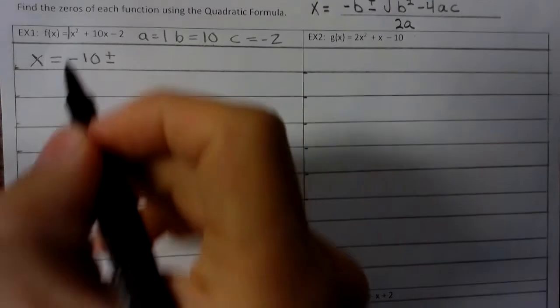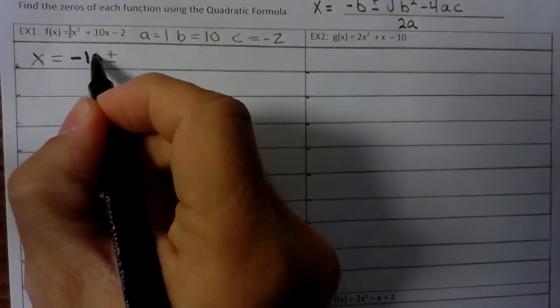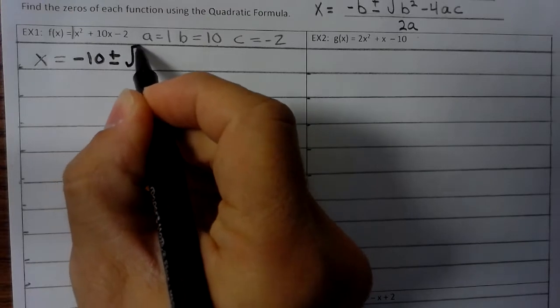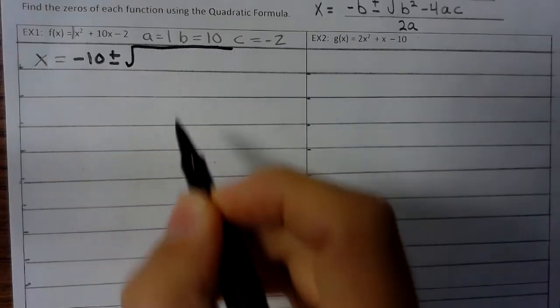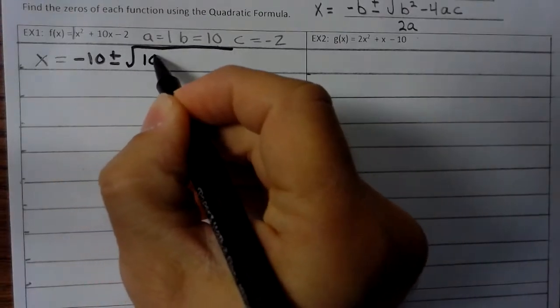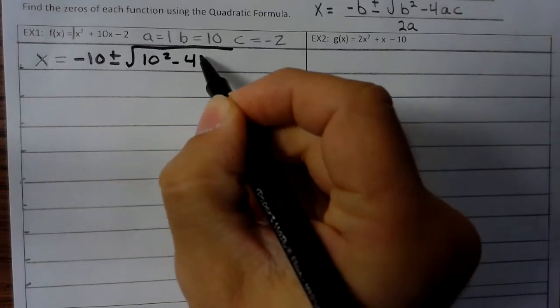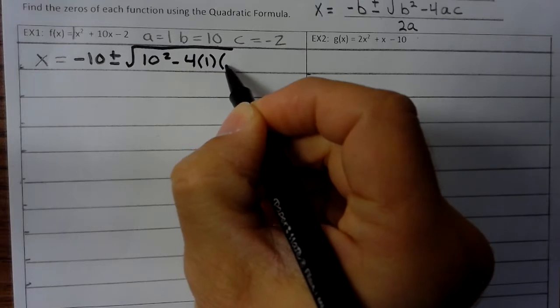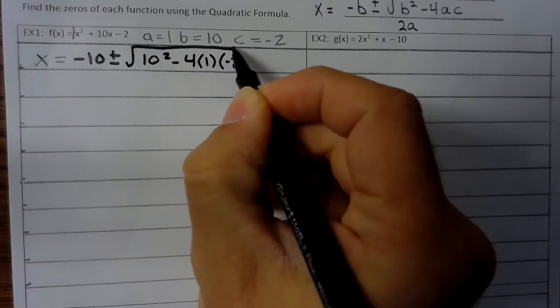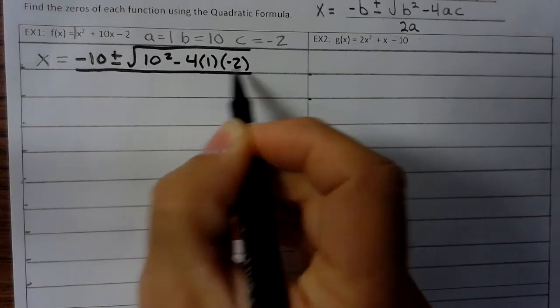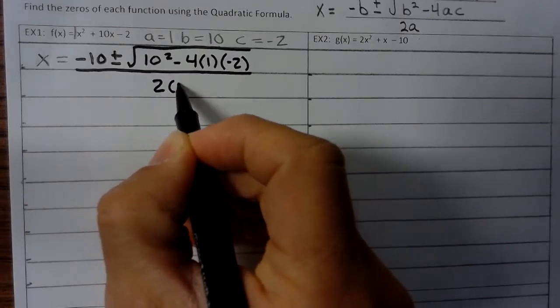and I'm going to use a different color here so you can see the difference between what I'm writing and the lines. The square root of 10 squared minus 4 times a is 1 times c is negative 2, divided by 2 times 1.